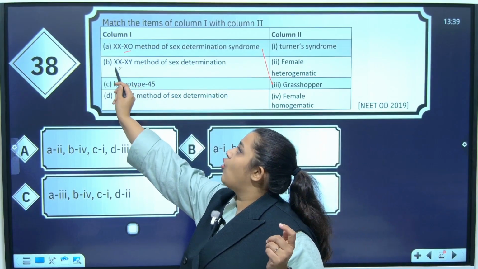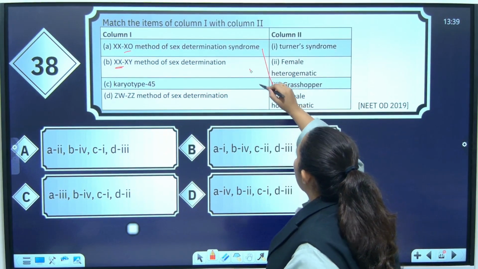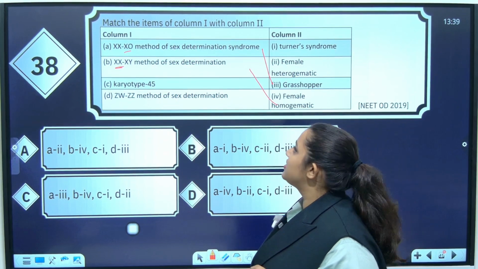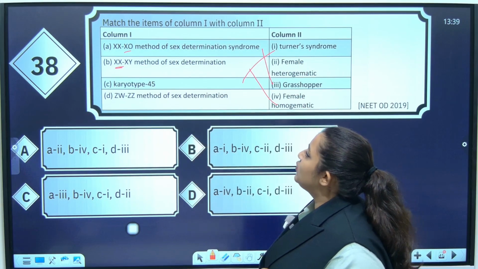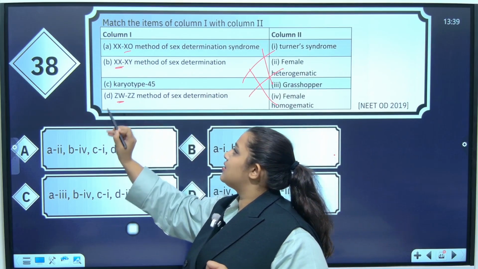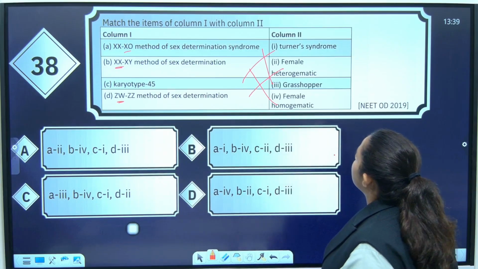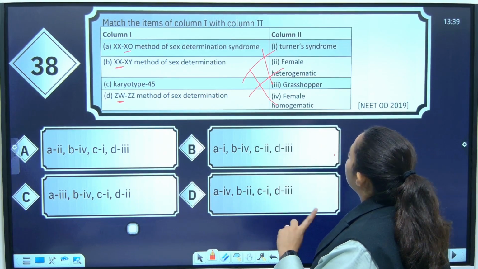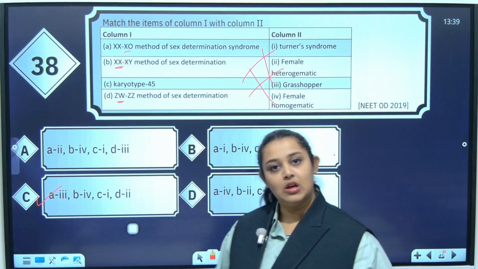The females are homogametic. Karyotype 45, one chromosome is missing. What is this? Turner's syndrome. And ZW-ZZ type is where females are heterogametic. This is the female and this will be the male. So our answer is 3, 4, 1, 2. Option C is the correct answer.